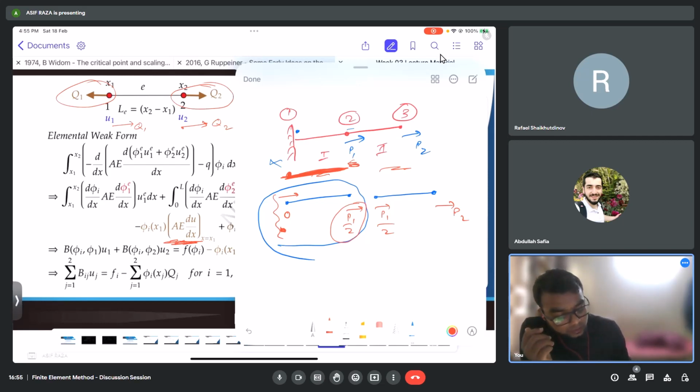Suppose internal forces are here, here, and here. But what will happen at the mid nodes? They cancel each other: if it is plus here, it is minus there, equal and opposite. Here it remains.